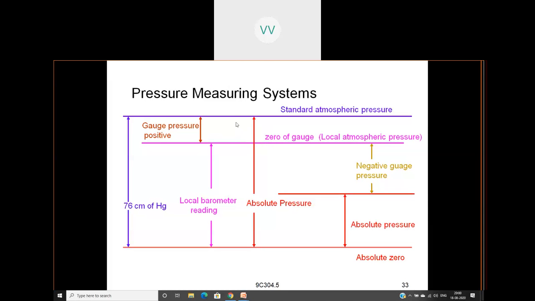If you want the standard atmospheric pressure, you add the positive gauge pressure, and for the negative gauge pressure, you subtract. This is absolute pressure in both cases. So remember the relationship: absolute is equal to atmospheric plus or minus gauge.